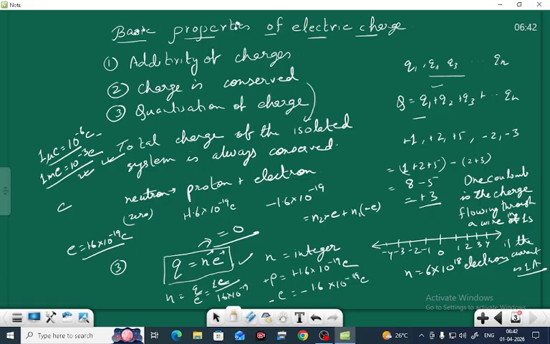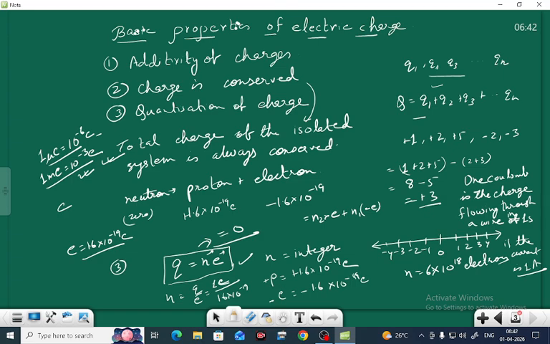Okay, so we have covered these basic properties of electric charge. What we learned here is how positive charge and negative charge arise, and that is due to transfer of electrons, right? And the next one is we learned about 3 types of materials. Materials are divided into 3 types: conductors, insulators, and the third one is semiconductors.